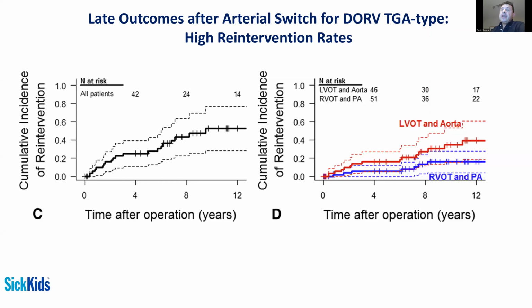You do see problems particularly if you're unable to baffle the pulmonary artery well enough through to the aorta, then you may end up leaving them with sub-aortic obstruction or outflow tract obstruction, or you may of course have residual aortic arch obstruction following your aortic arch repair. So it is a feature in both the left and right outflow tracts that you may get recurrent problems in these patients over the years, much more so than you would see in regular transposition.